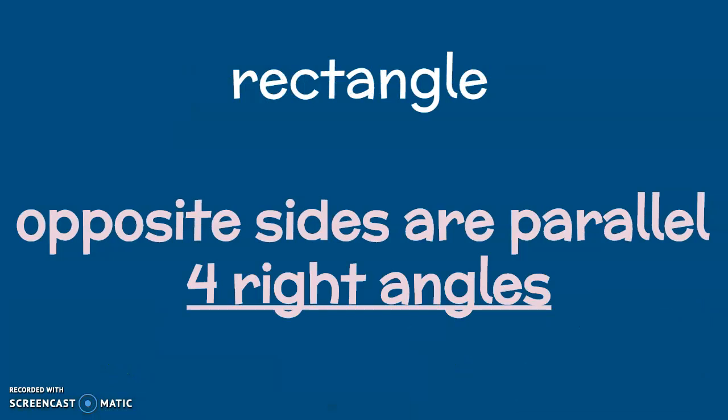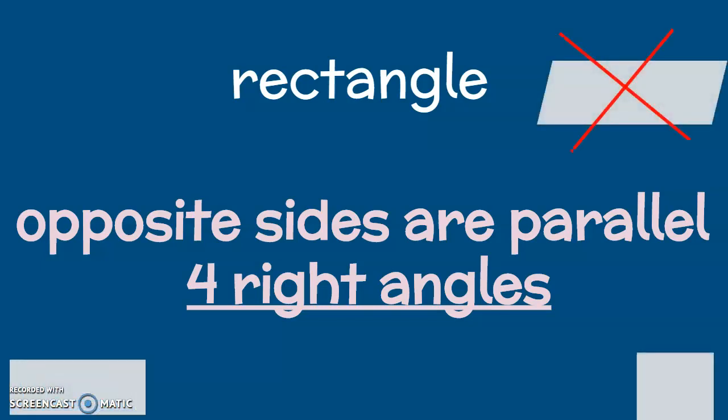Okay, but now when we talk about a rectangle, it has opposite sides that are parallel, but it also has four right angles, which means that the square and the rectangle are both rectangles. However, now we get rid of the parallelogram and we also get rid of the rhombus because neither of those figures have to have right angles.